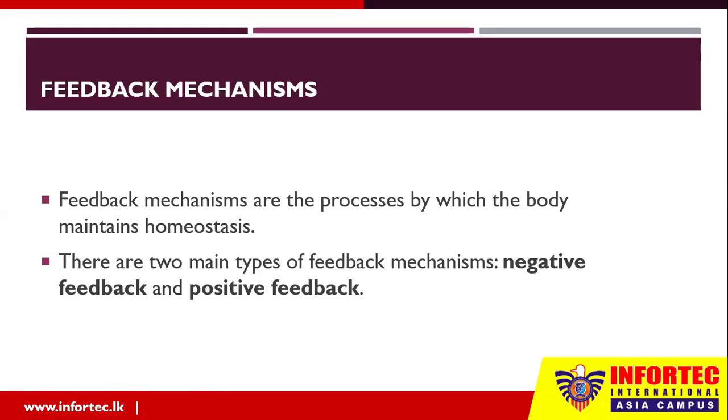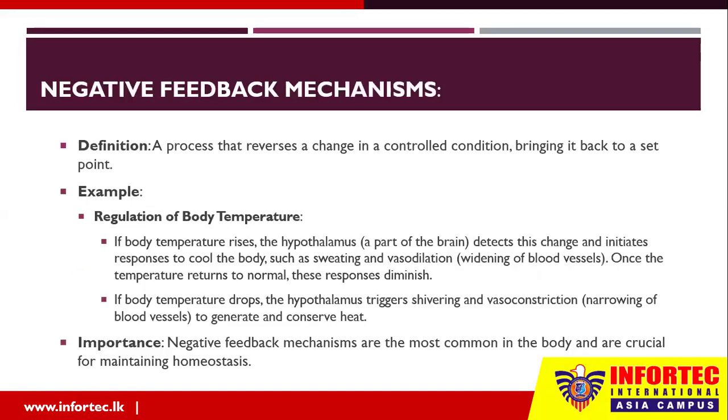Then through these key components, we are maintaining two types of feedback mechanisms, right? These feedback mechanisms are the processes by which our body maintains homeostasis, right? So the two types are the negative feedback mechanism and the positive feedback mechanism.